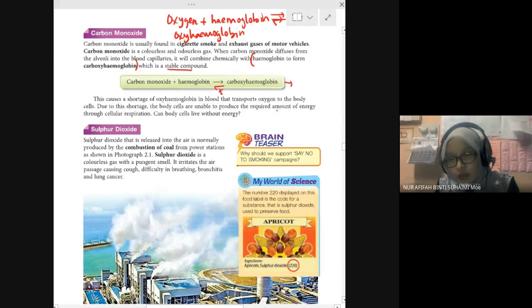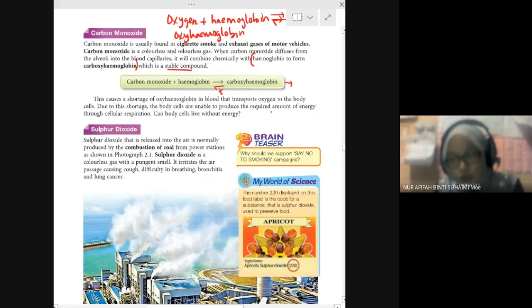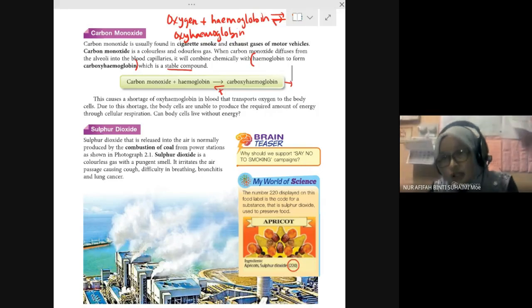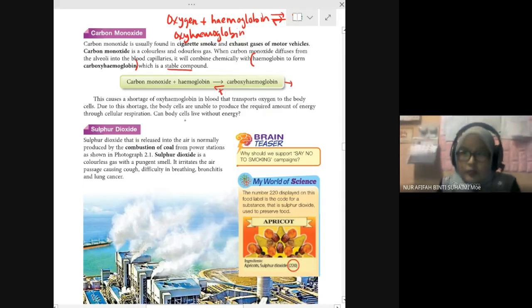Because your hemoglobin has already combined with carbon monoxide. It is supposed to combine with oxygen to become oxyhemoglobin to be transported to the whole part of your body. But when there is a lot of carbon monoxide, it will conquer the hemoglobin and become carboxyhemoglobin that will not be converted anymore. So we lack oxygen. That's the disadvantage, keburukan, of carbon monoxide.